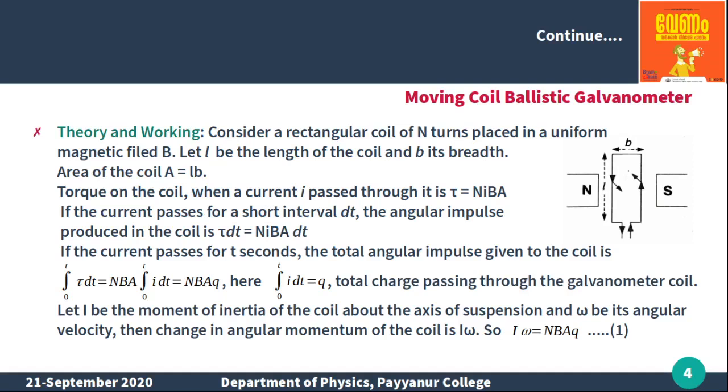That is the first equation that we got. This is the same thing as how we use linear force and linear momentum, relating force to impulse. In the same way here we relate to angular impulse. So we get I omega is equal to NBAQ. That's the first equation we are keeping.